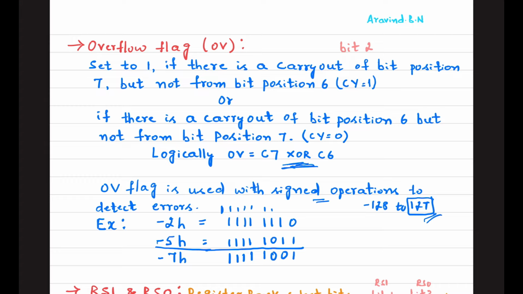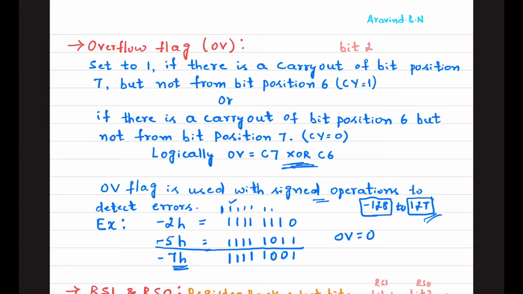Right, so now verify that this -7h is within the range of -128. So in this case the overflow flag will be equal to 0. In another sense, if you verify, the carry out generated from the 6th position to the 7th position is 1.